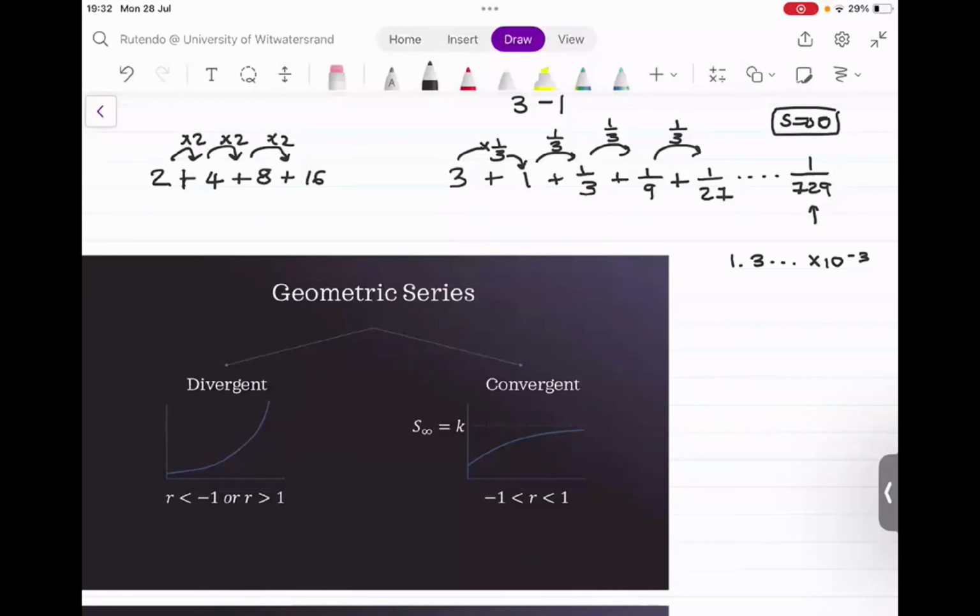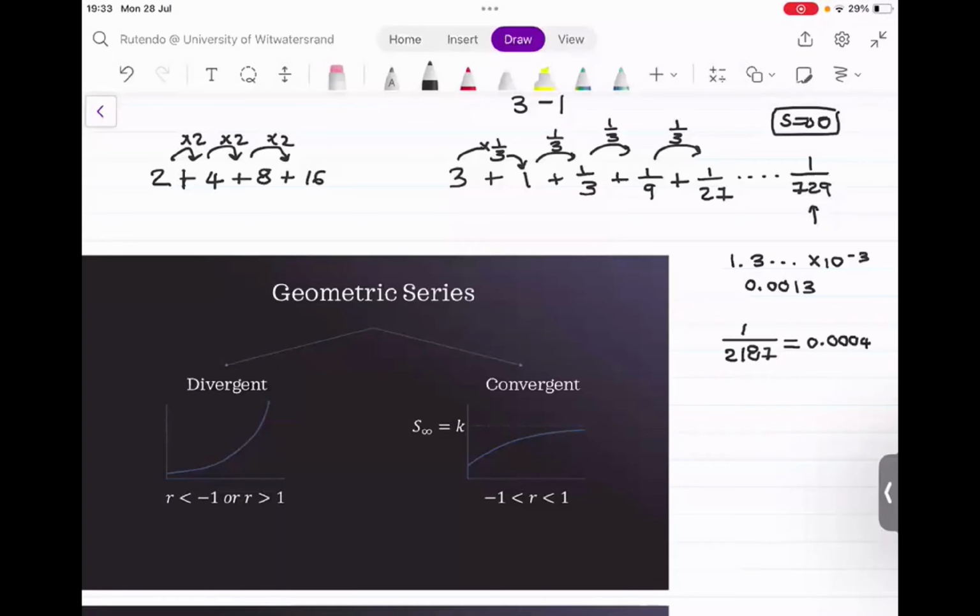Yes, right. So you'll see it's like 0.0013, right? If I go even further, I get 1 over 2,187. This is actually 0.0004, right?